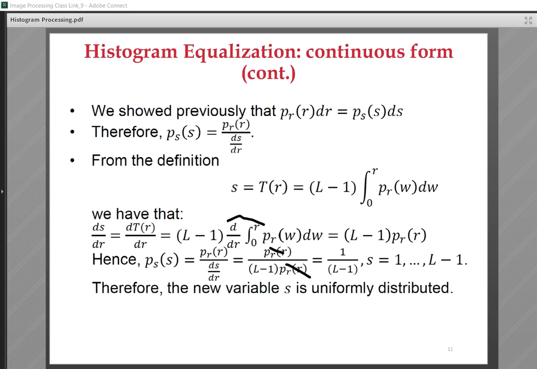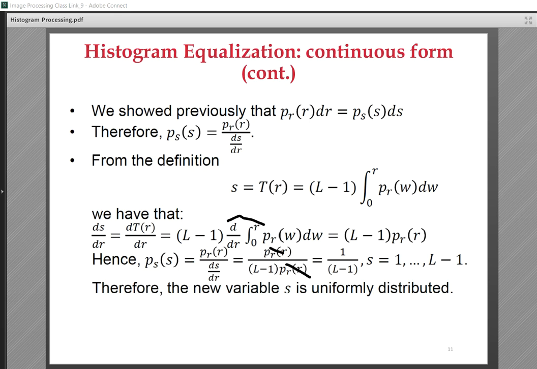ds by dr is this scalar times p_r. Again here, p_s is p_r over this item, and the result means 1 over L-1. But for all of s, p_s(s) is independent of s.